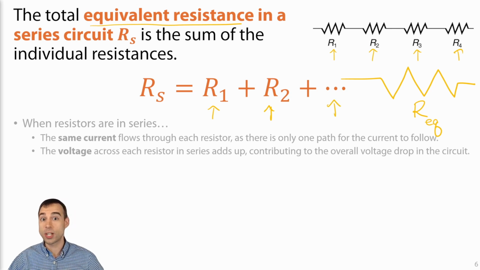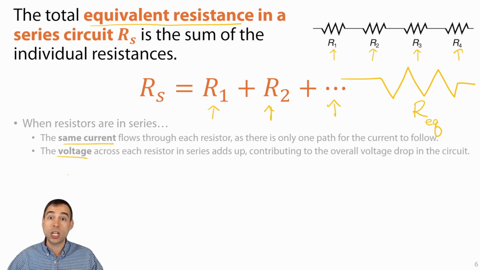And the same relationships from the previous slide will hold. The current traveling through each resistor in a line or in a series will be the same current. Whatever goes in one end has to come out the other. However, the voltage across each individual resistor will add up to equal the voltage output by the voltage source, the battery.